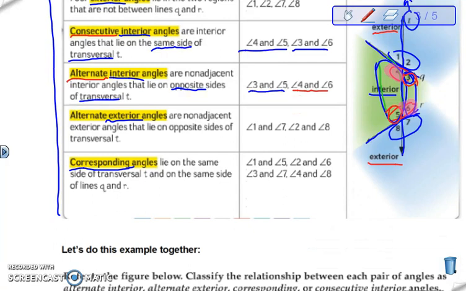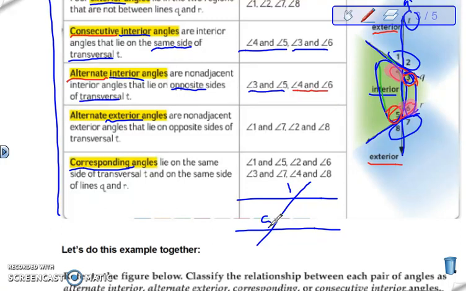Corresponding is the one that's sometimes a little bit harder to see. So what I'm going to do is draw sort of a separate picture here. Corresponding angles are in the same position within each set.